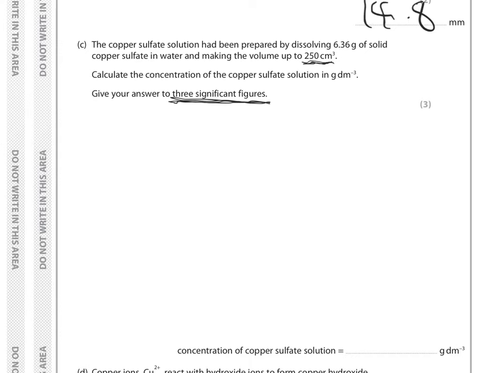Therefore I need to divide 250 by 1,000, which equals 0.25 decimeters cubed. So I've got a quarter of a decimeter cubed. 250 centimeters cubed is a quarter, 0.25 decimeter cubed.